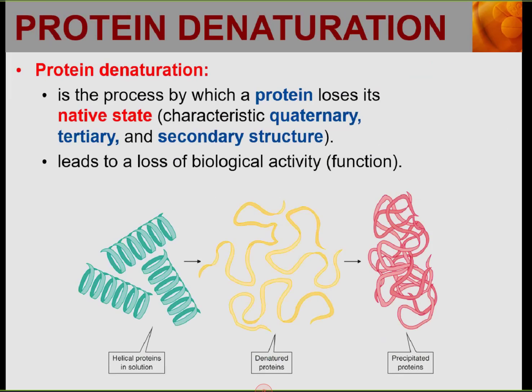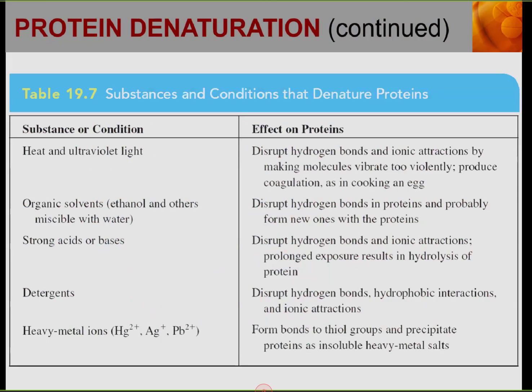And proteins can be denatured, and they lose biological activity when that happens. There are various ways that proteins can be denatured. A common way is heat. That's what happens when you break an egg and put it in a frying pan. The clear part of the egg, which is the protein part, becomes white because the heat in cooking denatures the protein.